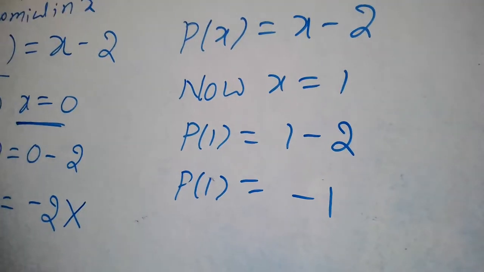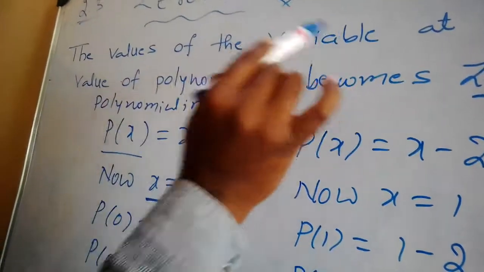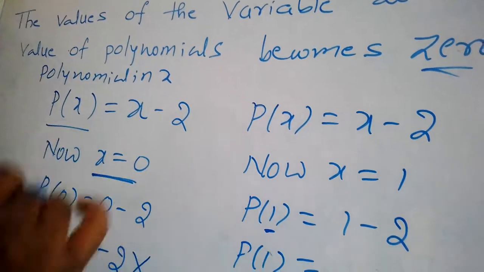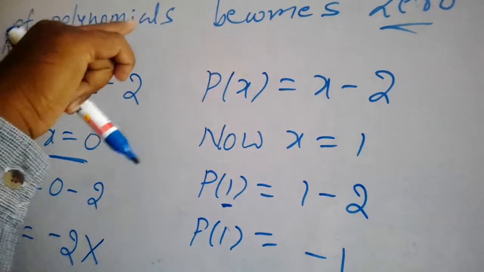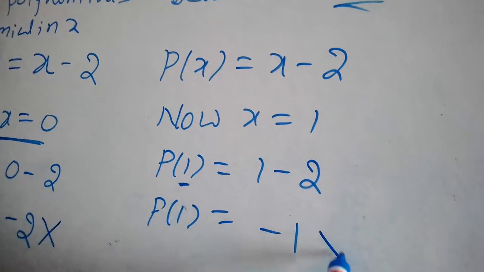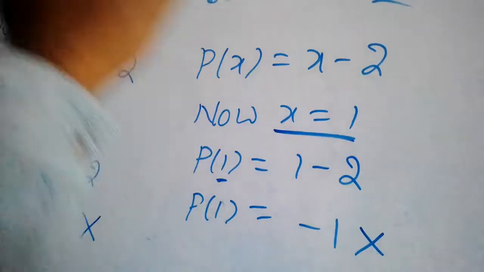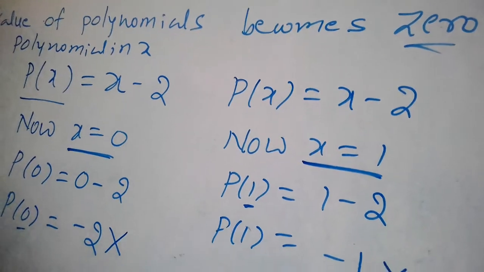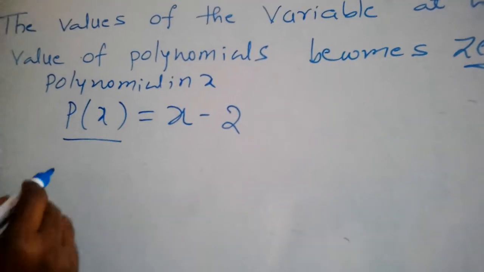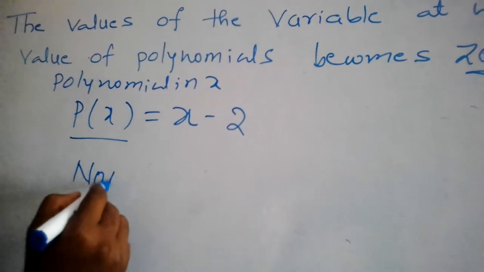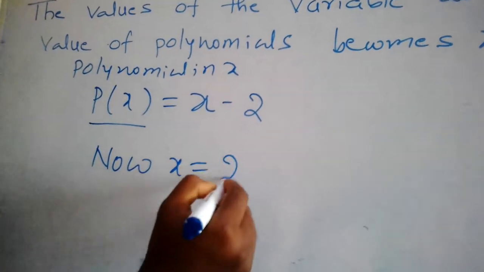Just check the definition. The value of the variable is 1, at which the value of the polynomial becomes 0. No, here also we are not getting 0. Therefore this value is also not a zero of the polynomial. Now I will put the next variable value as 2.